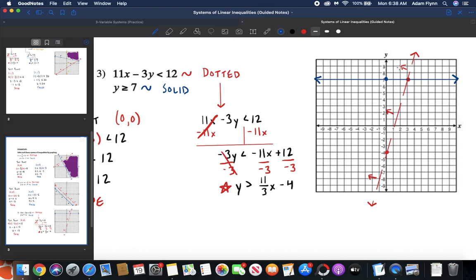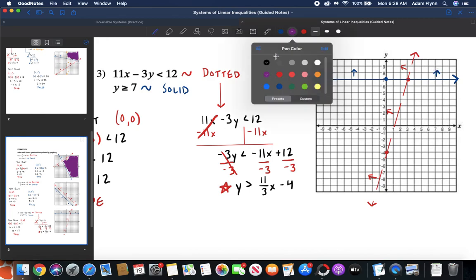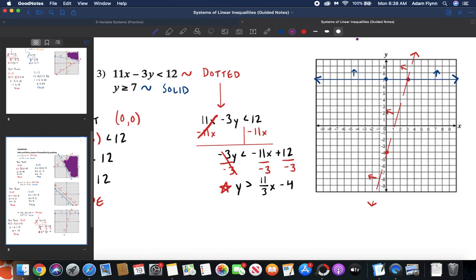So if I take a look at my y, any number that's greater than or equal to 7 is above this line. There I go. Get my purple shading tool out. So I need to be to the left of this red line and above this blue line. That leaves me with this little section up here.